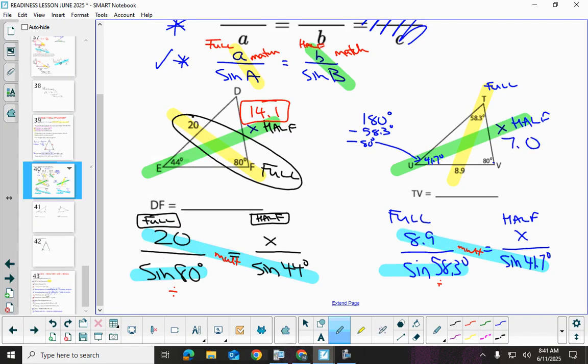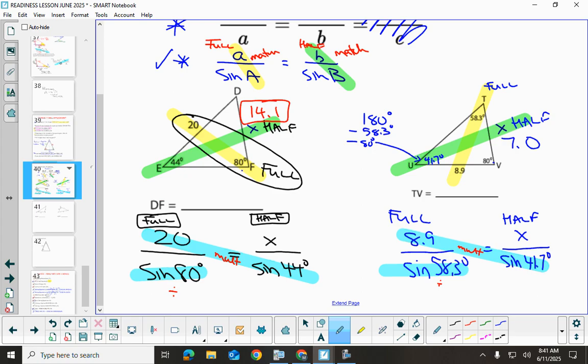Okay, before we go any further, I just want to pay attention to the check. So bigger angle: this angle is 80, this side is 20. This side's 44, this angle is 44. So corner E is smaller than corner F. So that means this side has to be smaller than 20, right? The bigger the corner, the bigger the side. The smaller the corner, the smaller the side. Did we end up with a number smaller than 20? Yes.